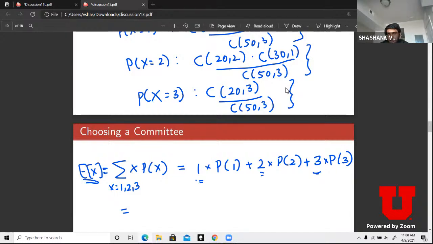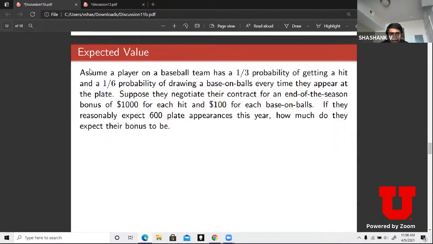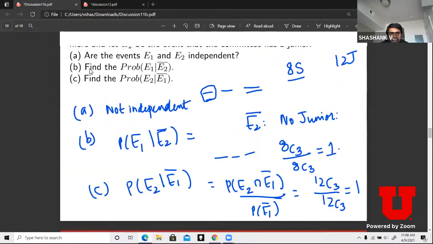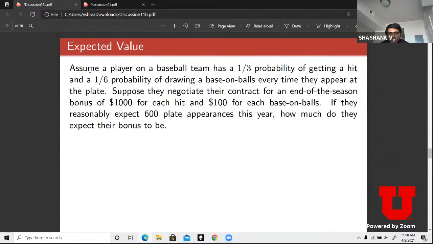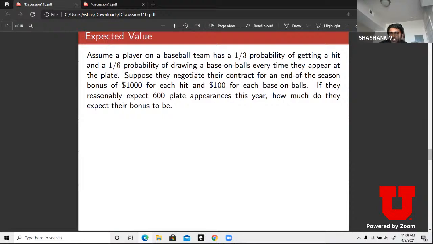All right, if there are no other questions, then let's move on to another problem in another slide. So is this the next problem? Okay, yeah. So another expected value problem. Assume a player on the baseball team has 1/3 probability of getting a hit and 1/6 probability of drawing a base on balls every time they appear at the plate.